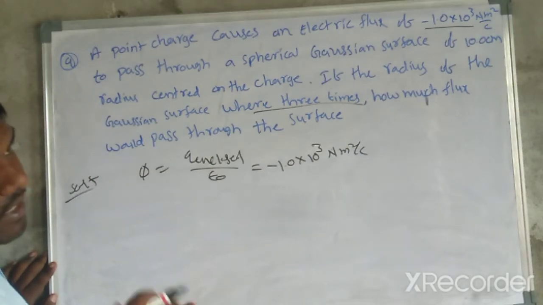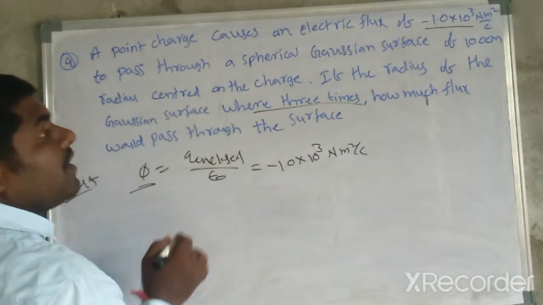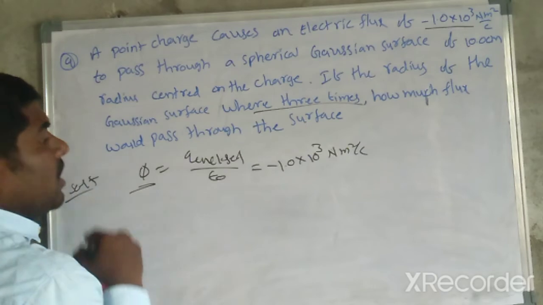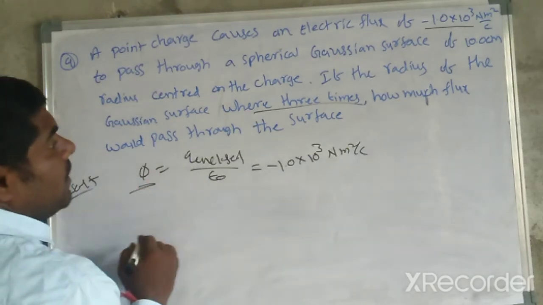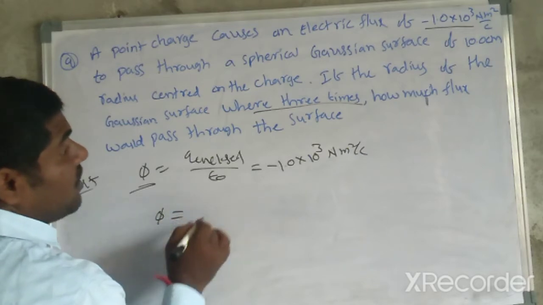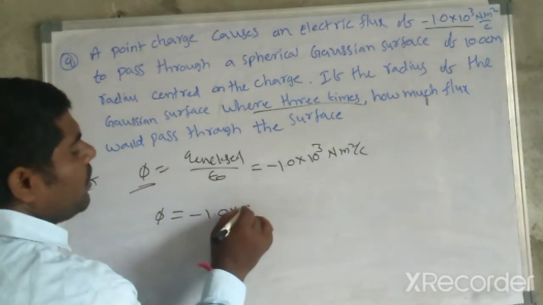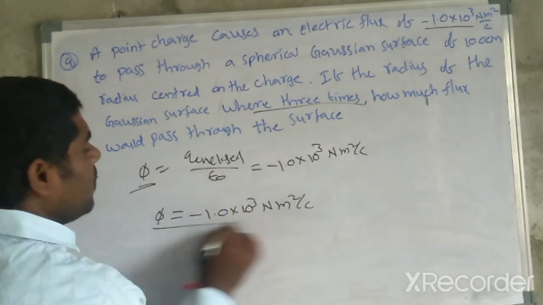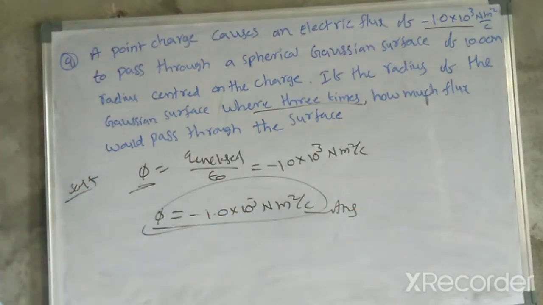Whether we decrease or increase the radius of the Gaussian surface, the flux is independent of the radius, directly proportional to the enclosed charge only. That's why the flux remains constant at minus 1.0 × 10^3 Newton meters per coulomb. This is the answer to the question.